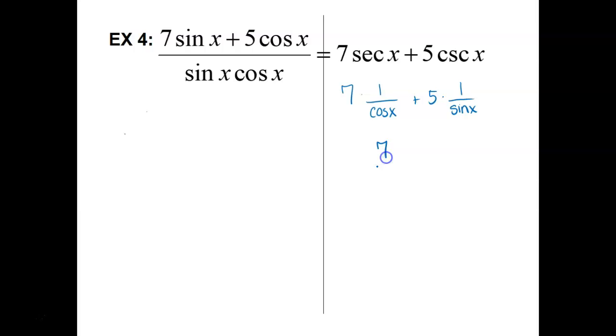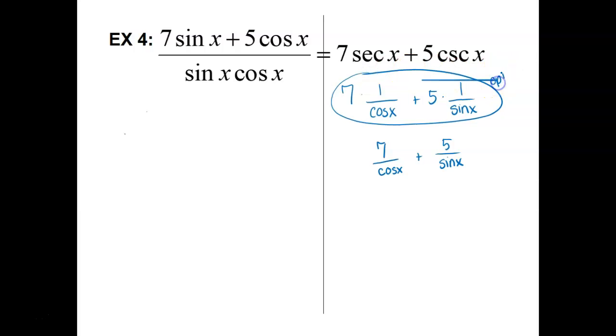You could write it like this: 7 over cosine x plus 5 over sine x. It is okay with me if you just move those to the bottom. You don't have to write this step. This right here is optional. Just trying to be abundantly clear of what we're doing here.